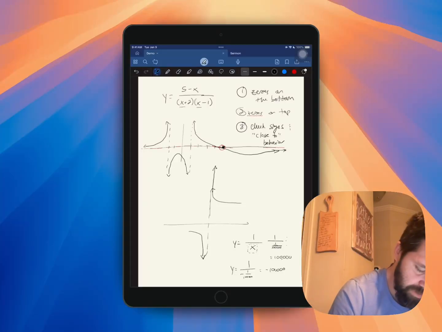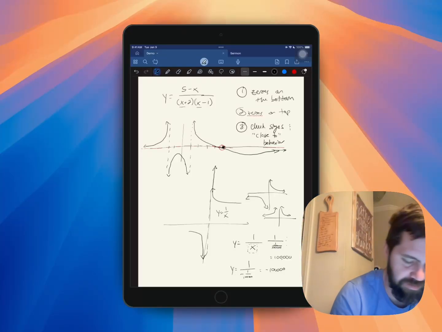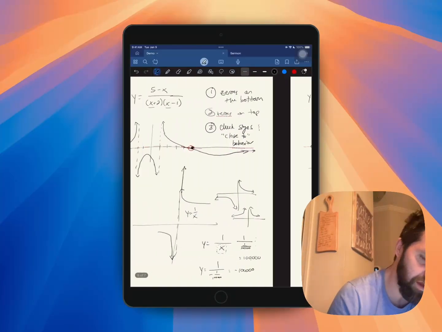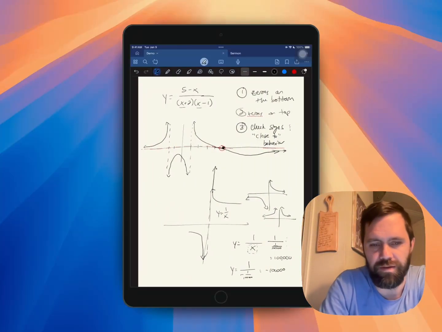And so this is what y equals 1 over x classically looks like, this alternating behavior, versus y equals 1 over x squared would look more like that, because it's always going to be positive. So, hope that's helpful. Give it your best shot, and it should be fun.